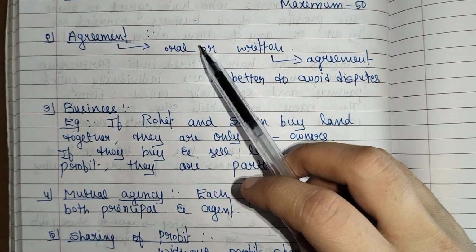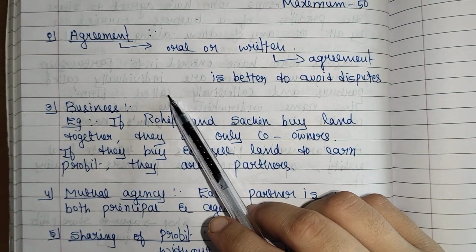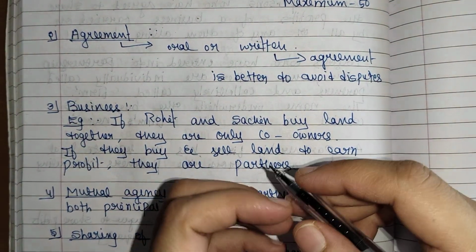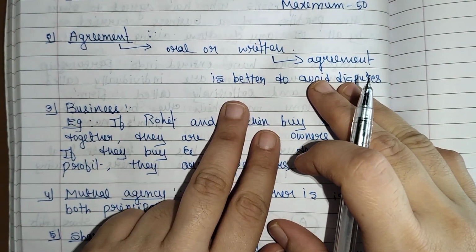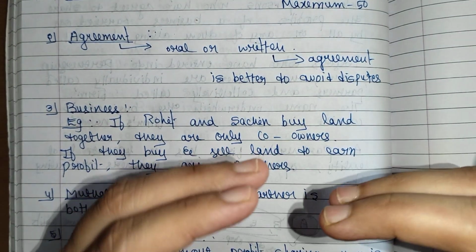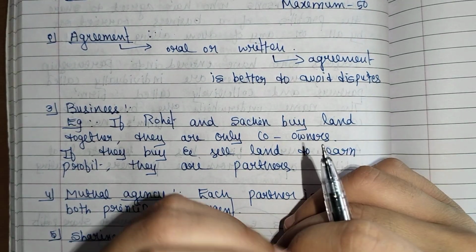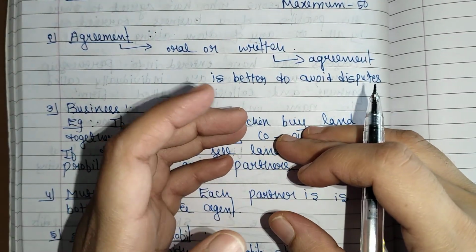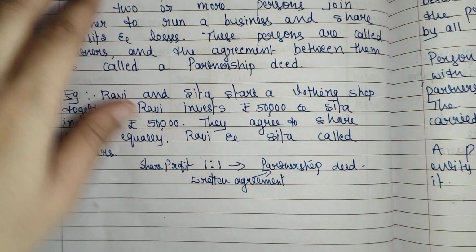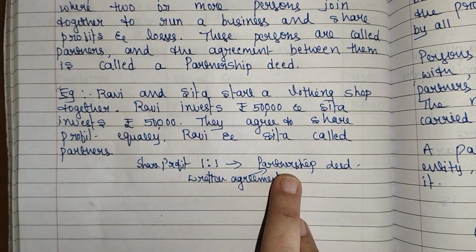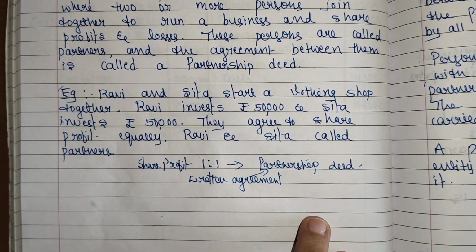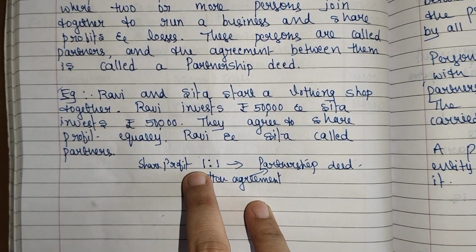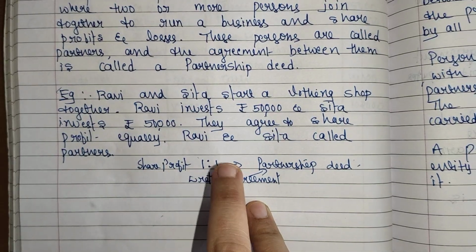And second feature is agreement. Means partnership is created by an agreement between 2 or more persons to run a business and share profit and losses equally. Here in one example I said, right? So here Ravi and Sita, they write an agreement that they are going to share the profits equally in the ratio of 1:1.